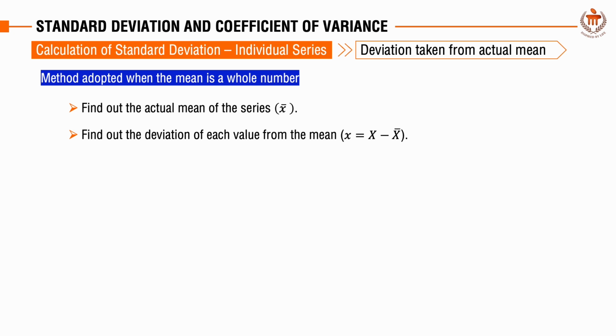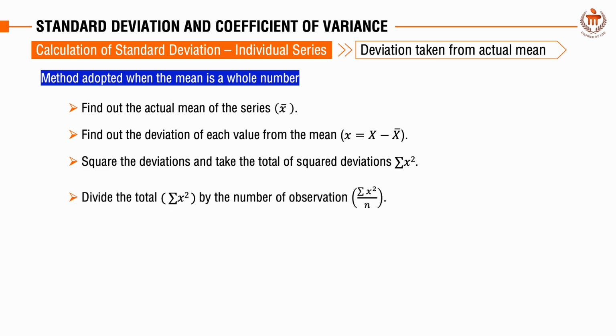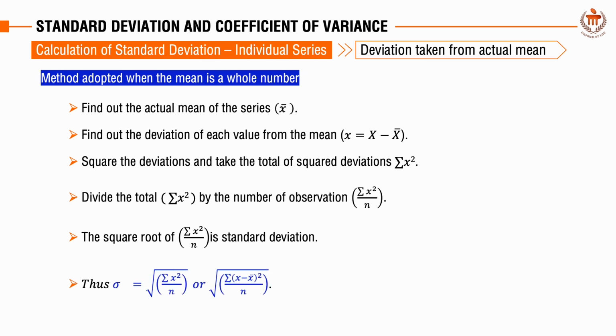Then we find the deviation of each value from the mean, and then we square that deviation, divide the sum of squared deviations by the number of observations, and take the square root. This is the standard deviation. The formula is the square root of summation of x square by n, or the square root of summation of (x minus x bar) whole square by n.